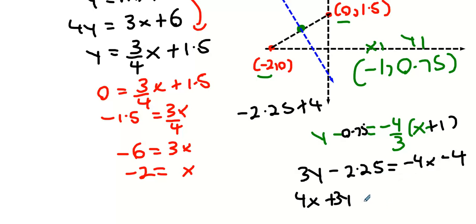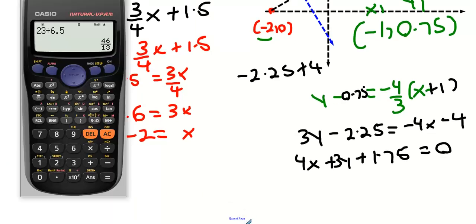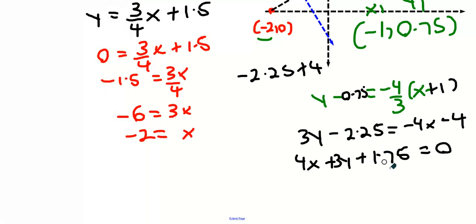Read the language of the question. Am I entitled to full marks? Why? It has to be integers. So what would 1.75 be as a fraction? If I multiply both sides by 4, it should fix that problem. So this is 7 over 4. You need to multiply both sides by 4. What do we get? 6x plus 7 equals 0.